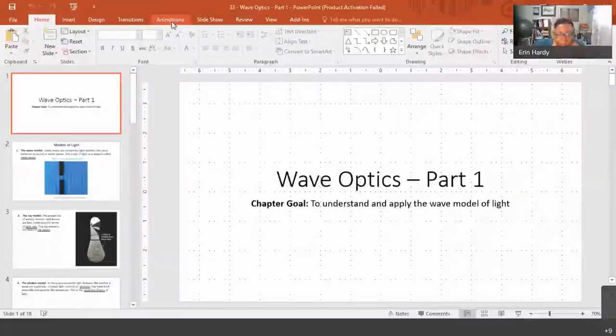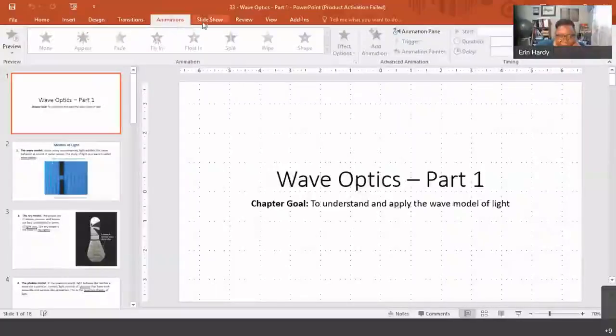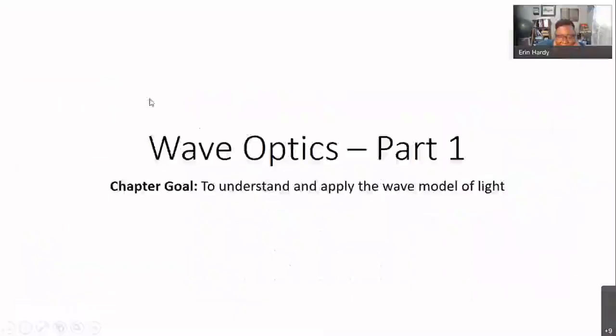And the discussion that we were just having about interfering 3-dimensional waves leads us perfectly into the beginning of our wave optics discussion. So it wasn't a coincidence, or just a random choice, that we mostly talked about sound wave examples at the end of the 17th chapter, because light waves are 3-dimensional. They do interfere with each other in a manner that's similar to sound waves, but we can observe it in a different fashion.